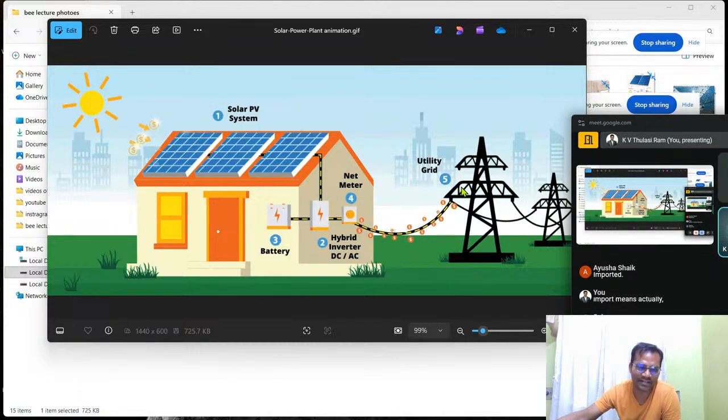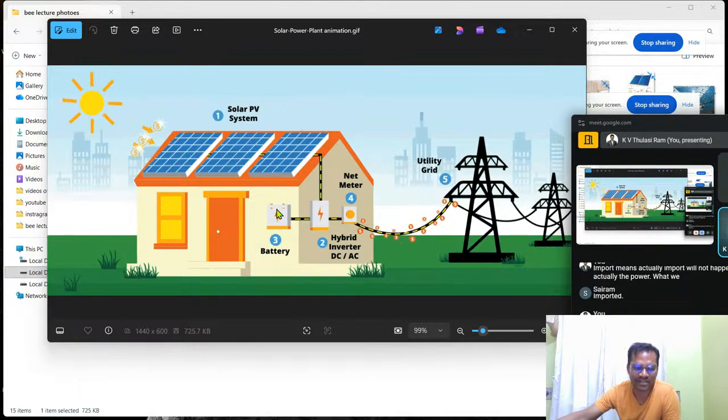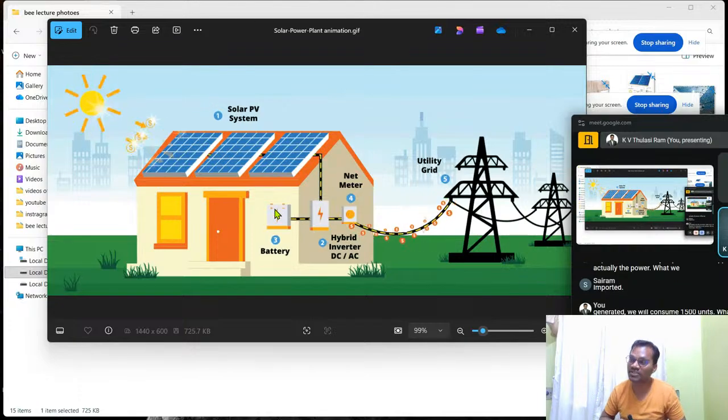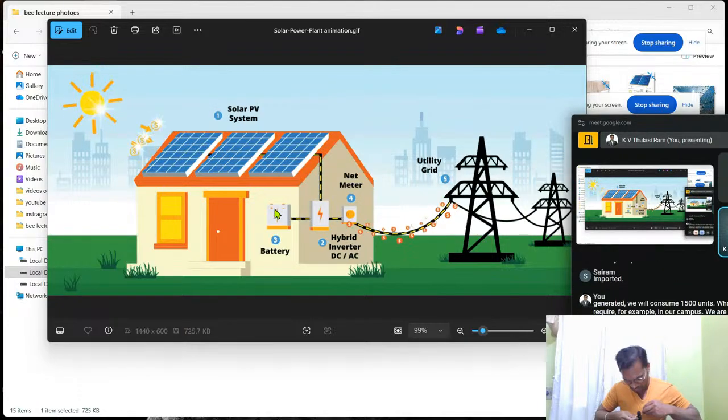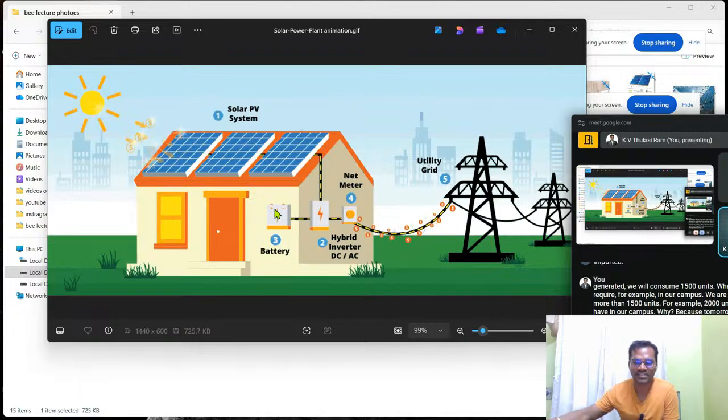Import will not happen entirely. The power we generated, we will consume; say we require 1500 units. For example, in our campus we have more than 1500 units, say 2000 units. Why? Because tomorrow all the labs and the whole campus will be on. We have generated only 1500 units. How much extra do we require? 500 units.